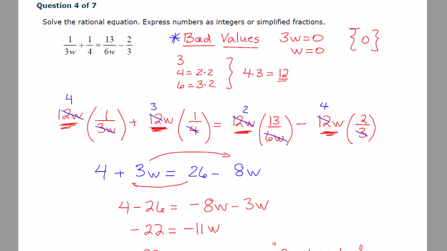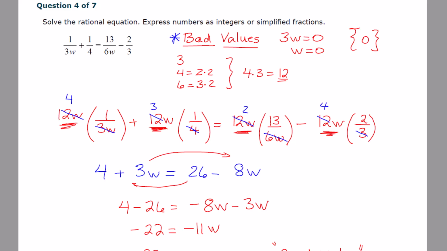Got a 6w here, all right, that goes into there 2 times 13 is 26. 3 goes into 12 4 times. I have a 4, a w, and a 2. So an 8w. All right, let me get the w's together and numbers together.